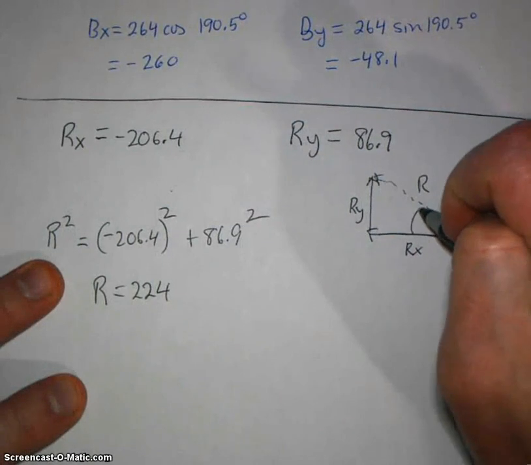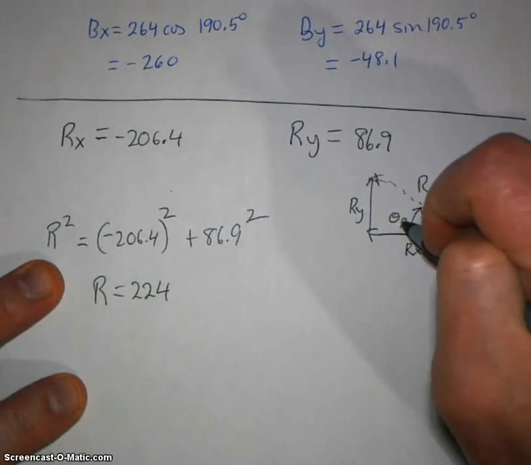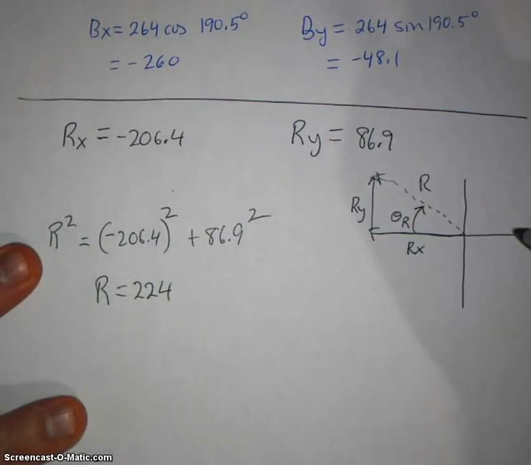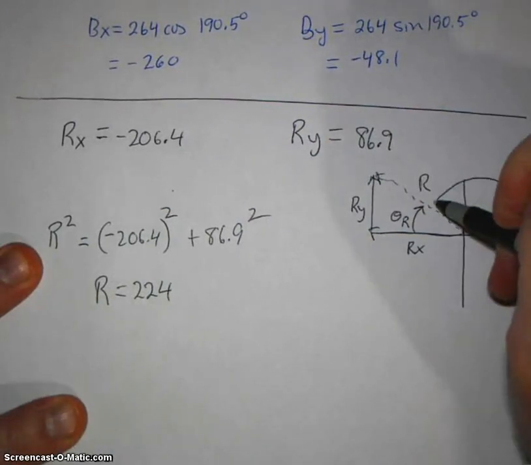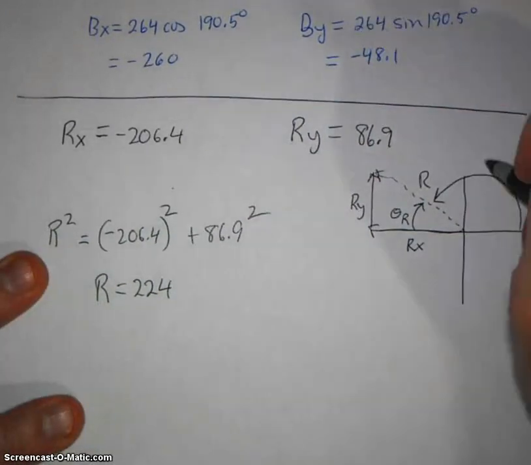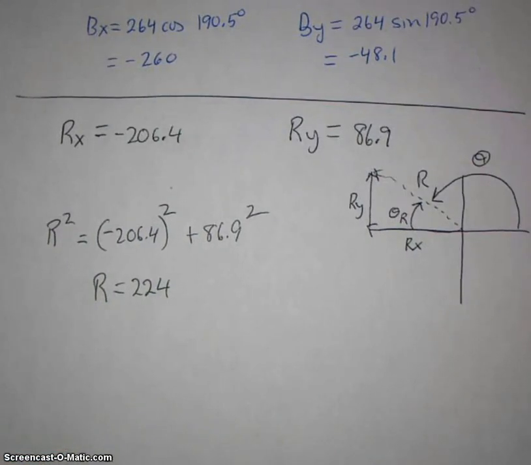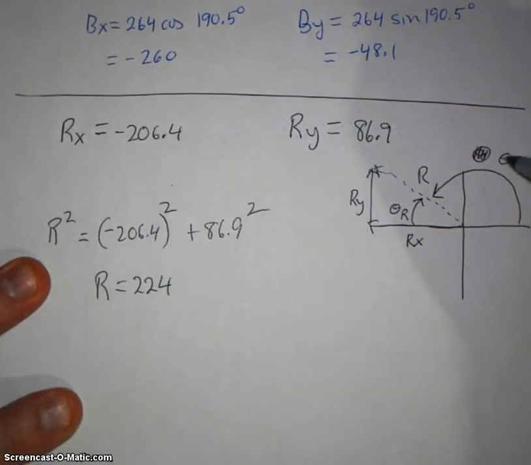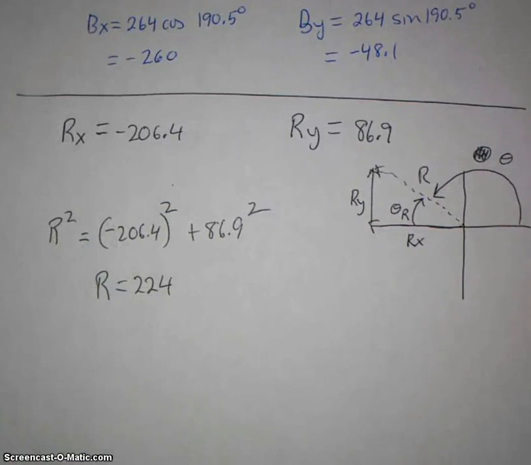So I'm going to find the reference angle, and then after I find the reference angle, I will use it to find the angle in standard position. That's really the answer I want, that angle theta. That's better, theta.